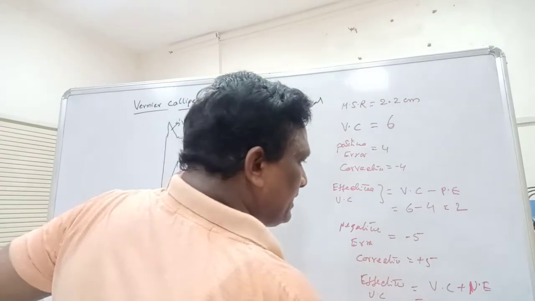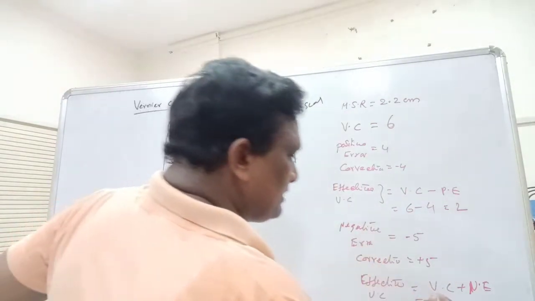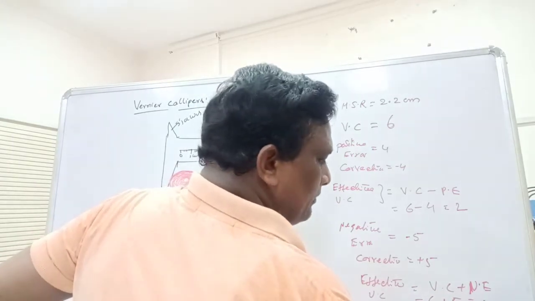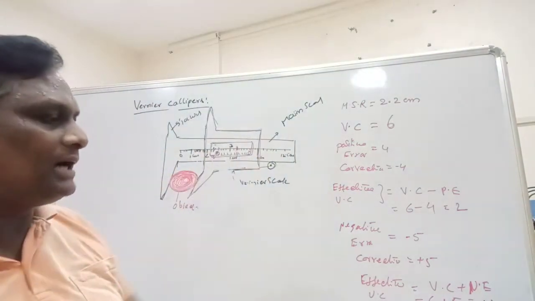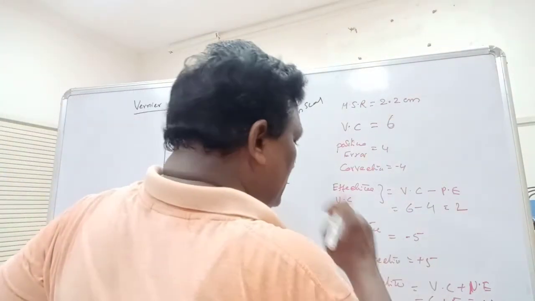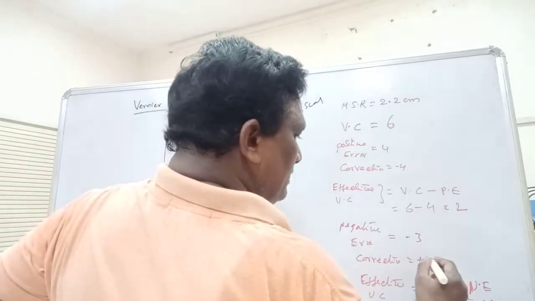So what is Vernier coincidence here? 6 plus 5, that is 1.1, means 0.6 plus 0.5. You do one thing without confusion: you take this negative error as 3, so it is a plus 3.